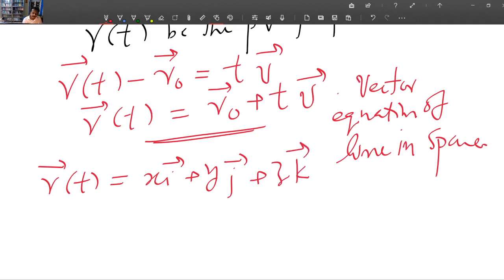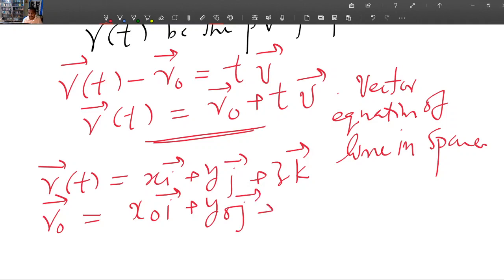And you have r naught, the position vector of the point, equal to x naught i plus y naught j plus z naught k. You have this. Then, take next page.